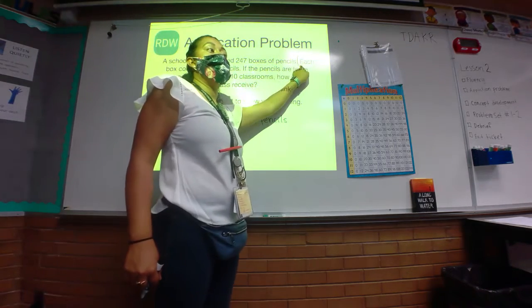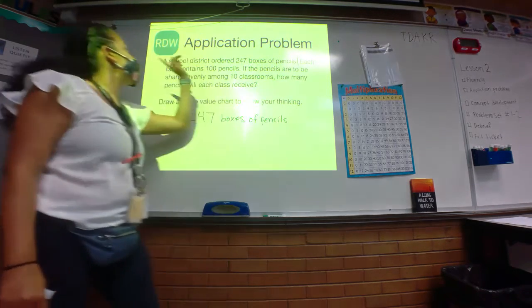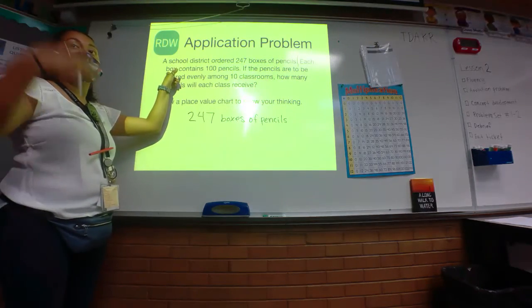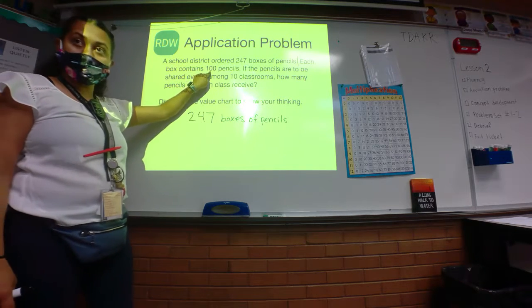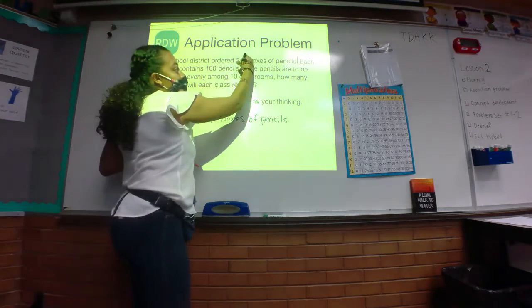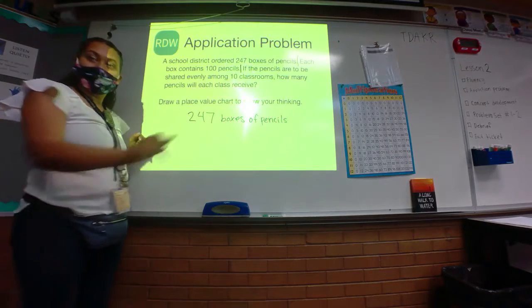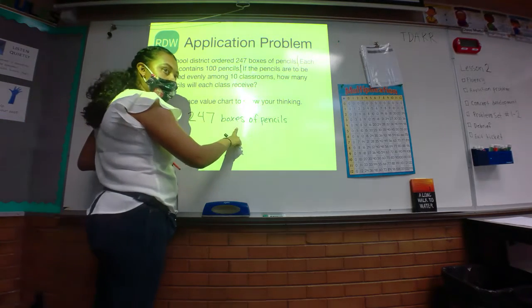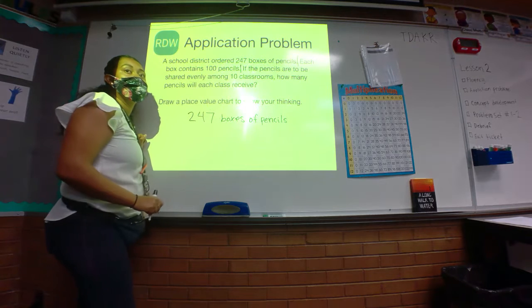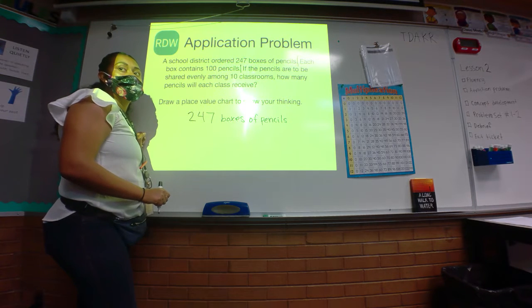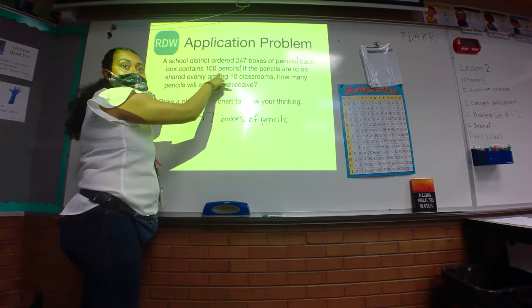Back over here. Ready? Each box contains 100 pencils. Stop. So if we have 247 boxes of pencils and each box has 100 pencils, should we write this down too? Yes.